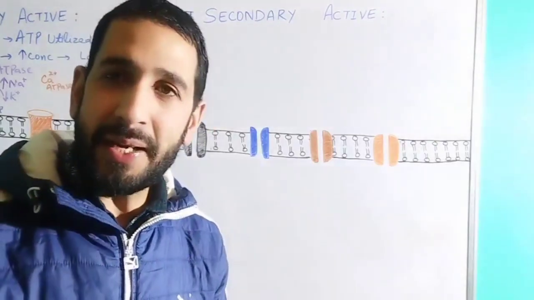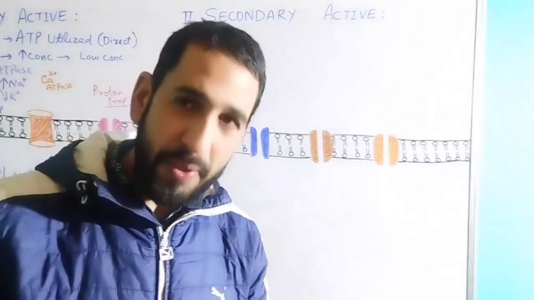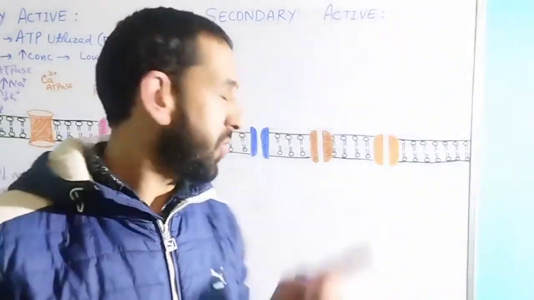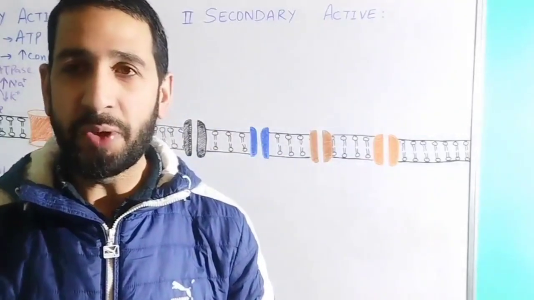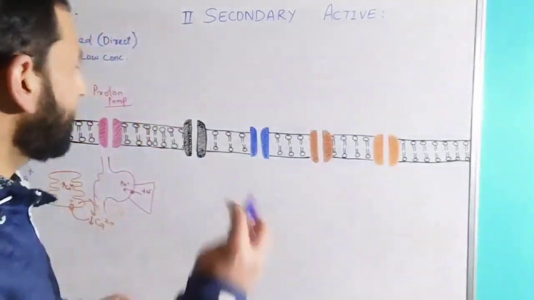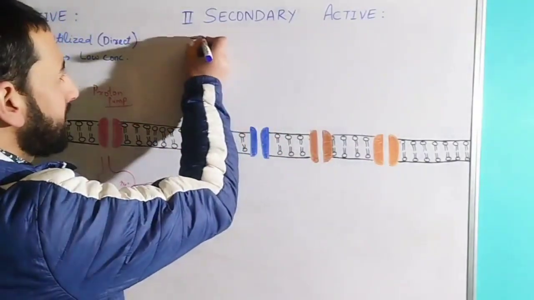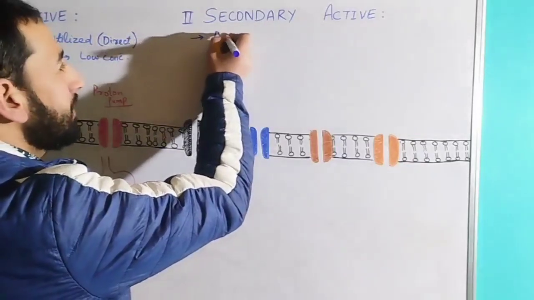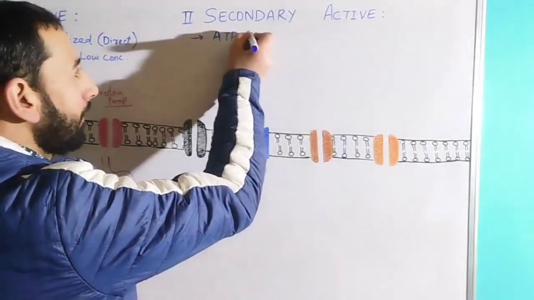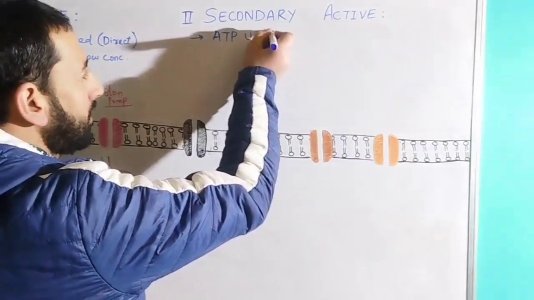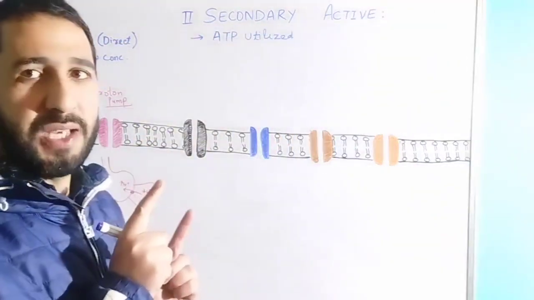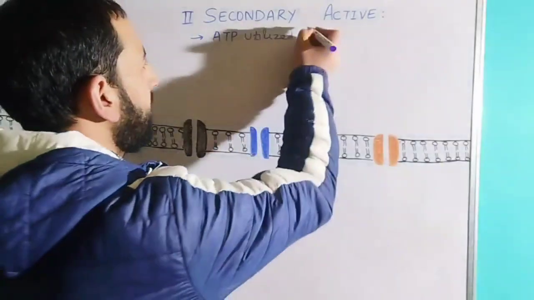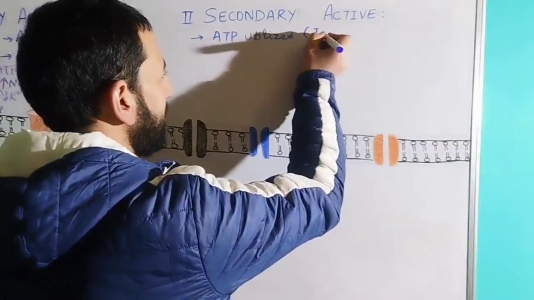But in the secondary active transport, ATPs will be utilized, but not directly by the transporter proteins which we are going to talk about. Right. So the first thing about the secondary active transport is that there is ATP utilized. Just like the primary active transport, there is utilization of ATPs, but it is an indirect utilization of ATPs.